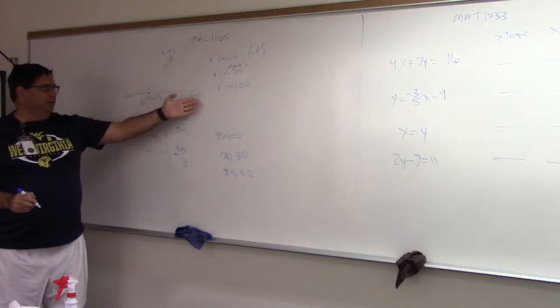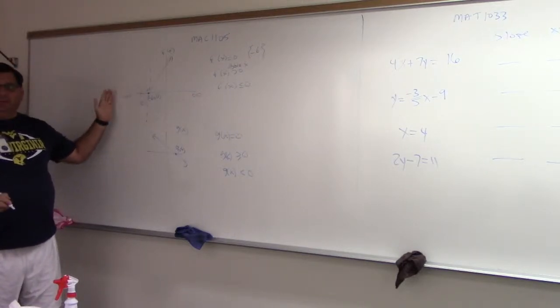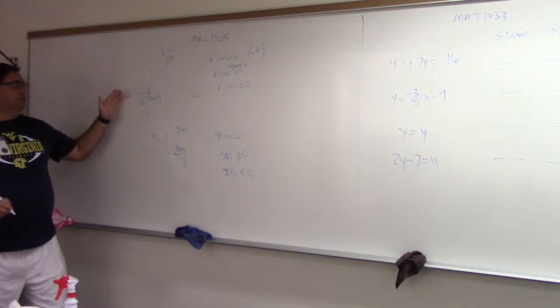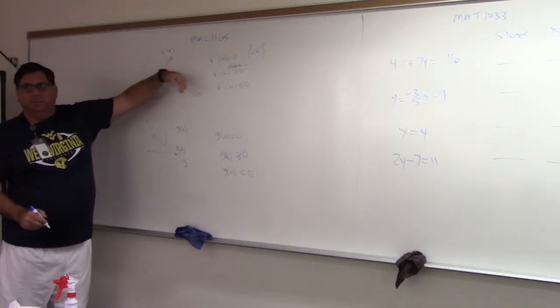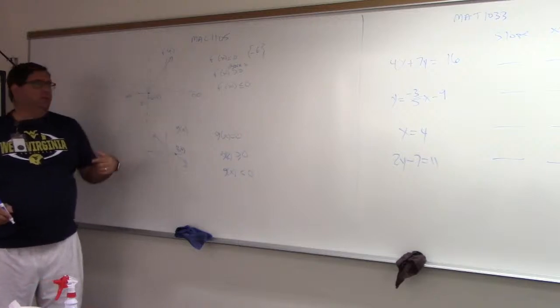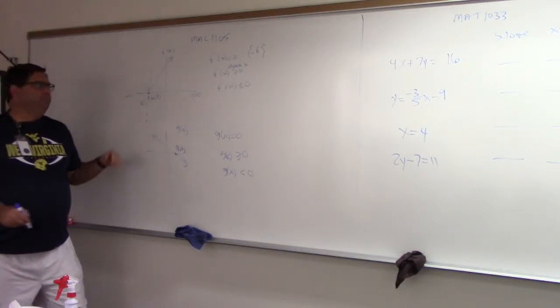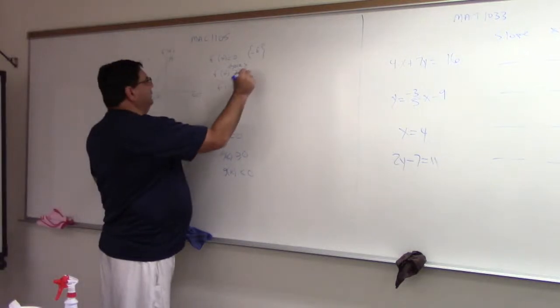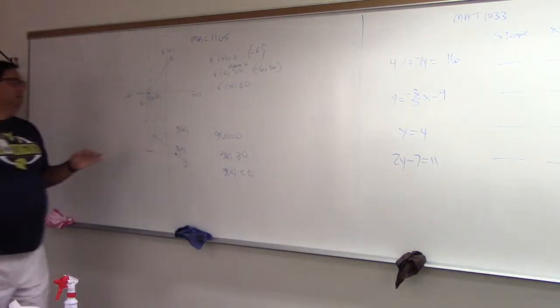Is it on the infinity side or is it on the negative infinity side? It's positive, it's above it on the infinity side, right? The right side. So then we start at the number and we go to infinity. So we're at -6 to infinity.